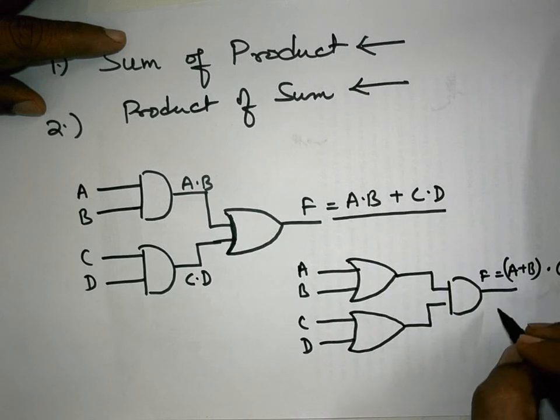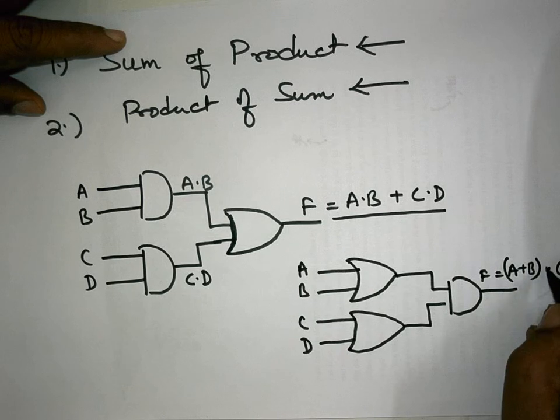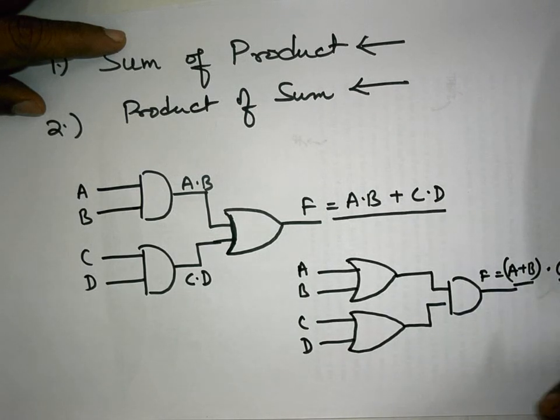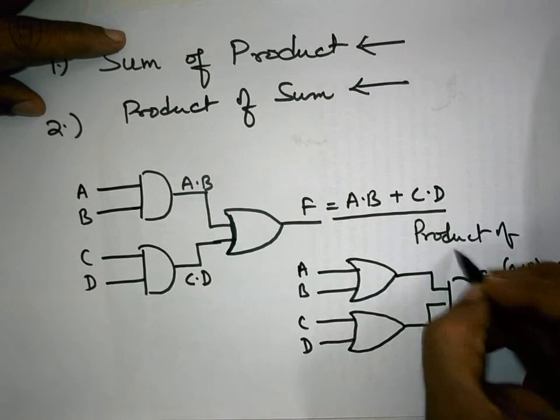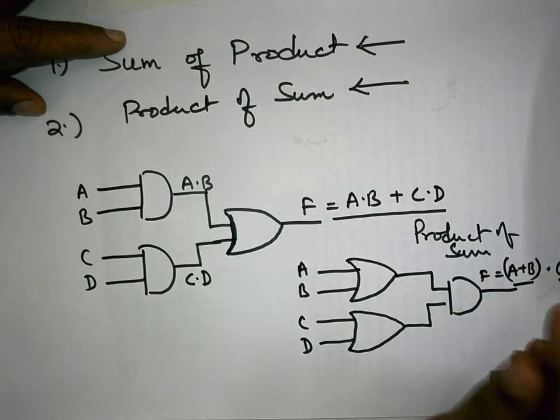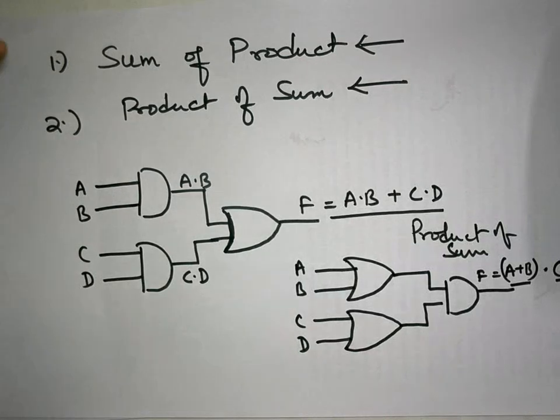The ultimate output is obtained from an AND gate, meaning this is a product of some terms. This is a product of a few sum terms. So this kind of realization is called product of sum realization. Okay.